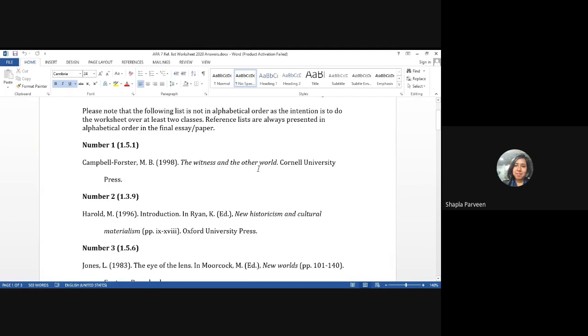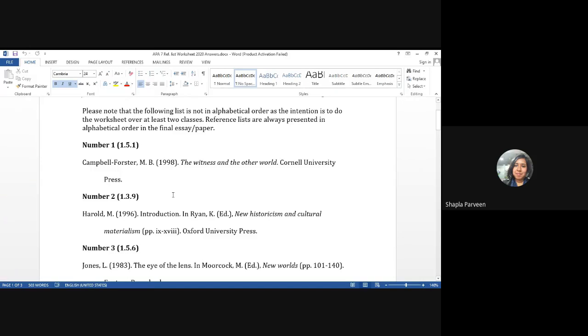Remember that when it's the title of a book or a magazine, journal, or newspaper, the original name is always italicized. So if you were to handwrite this, then you would have to underline this name, The Witness and the Other World. Okay, then a dot, then the name of the publisher, Cornell University Press.